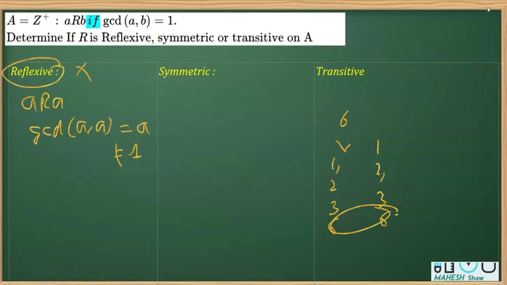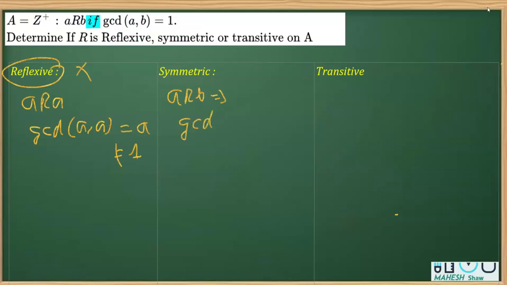Now coming to the symmetric. Considering that aRb implies that GCD of a, b is equal to 1. What does that mean? As I said, when the GCD of two numbers is 1, it means they are co-prime, so we can say a and b are co-prime.